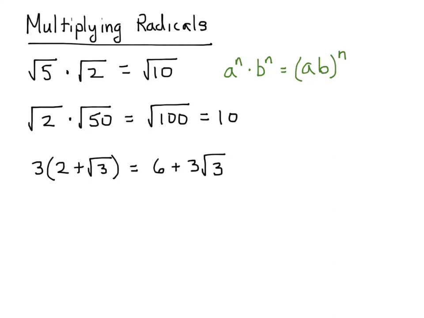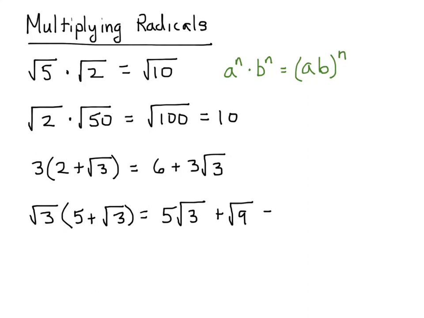Now, if what you're trying to multiply is a radical, it works exactly the same way. So we're going to take 5 times the square root of 3, and then we're going to add that to 3 times the square root of 3, which is just the square root of 9. Square root of 9 is, of course, 3, and we end up with something that has still radicals in it, but it's in the opposite order, where the first term now has a radical, second one doesn't.